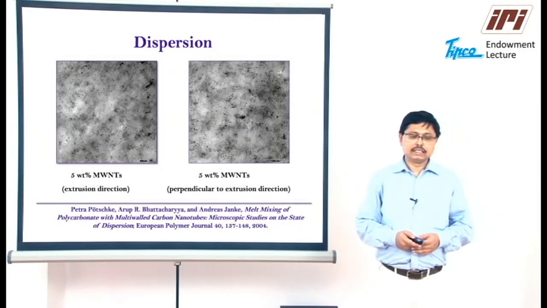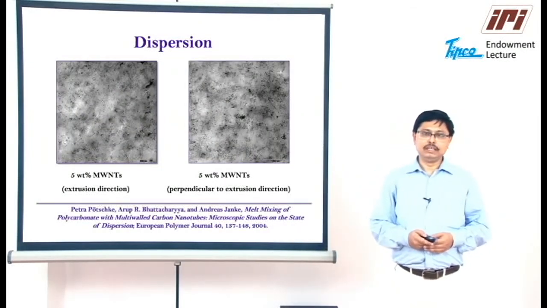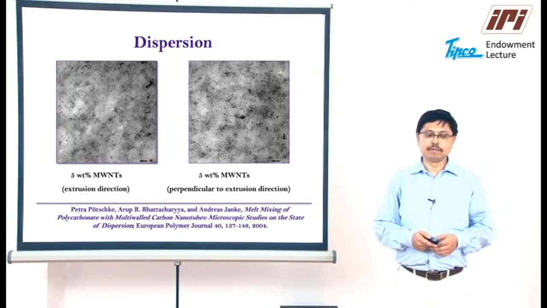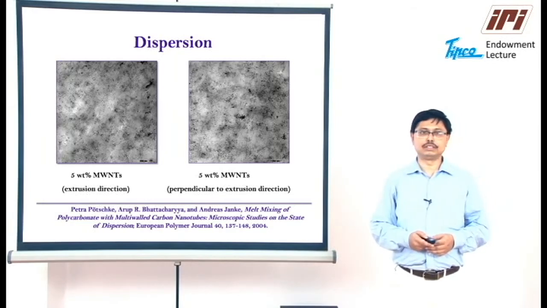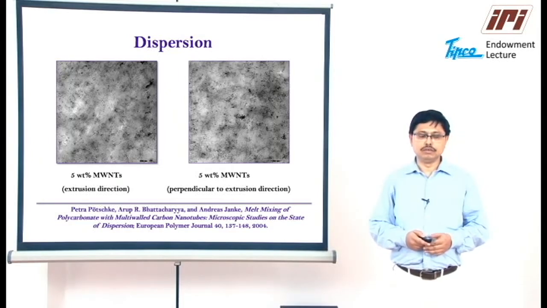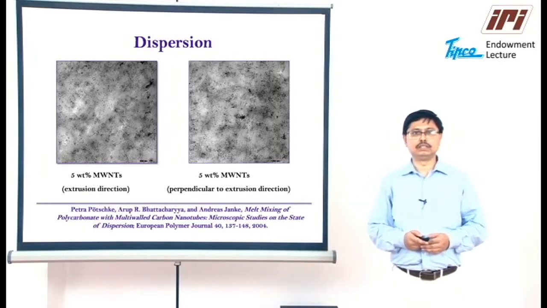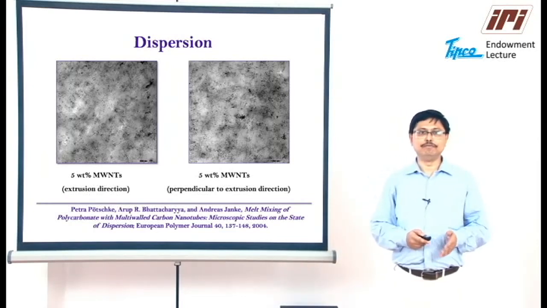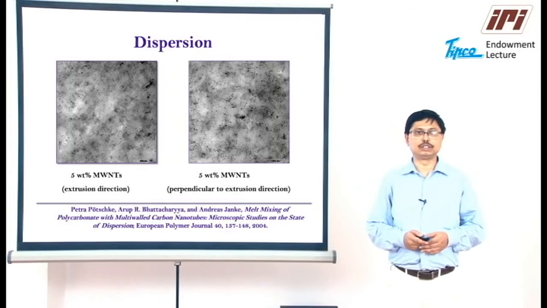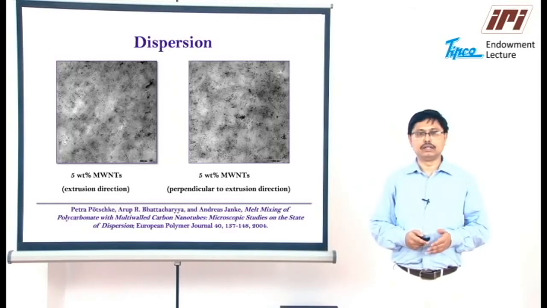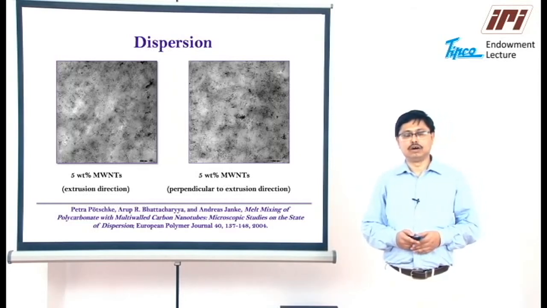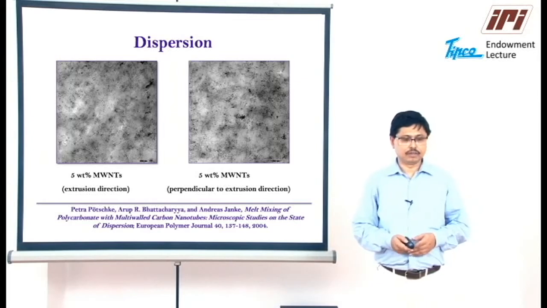In order to understand whether there is a flow-induced orientation taking place during the extrusion process, we also observe that there is absolutely no change in the state of dispersion in the composite material with 5 or 8% multi-wall nanotubes when viewed in the flow direction of the extrusion or the perpendicular direction of the extruded strand.